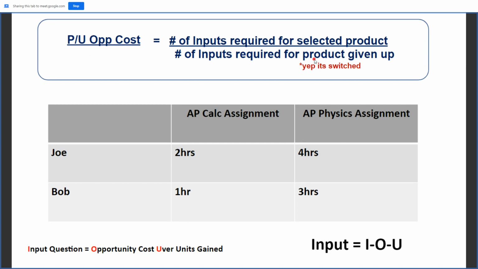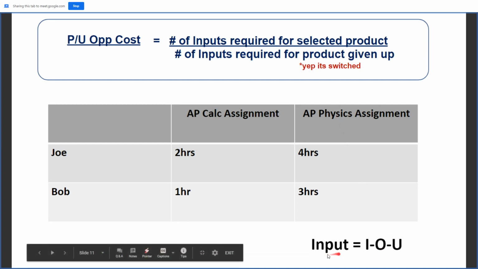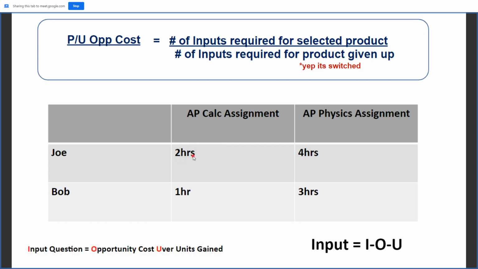In the input question, the opportunity cost, or the other, goes under. So in this case, if I want to find the per unit opportunity cost over here, I'm just going to take the 4 hours that would have been required to complete this assignment and drop it underneath.